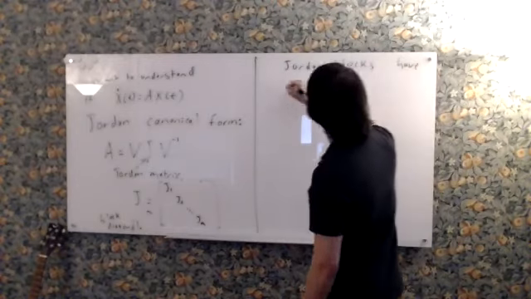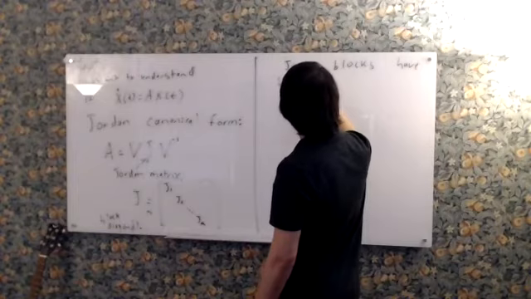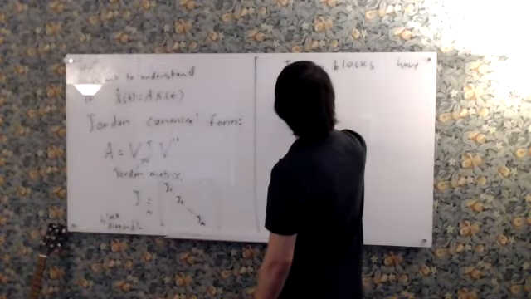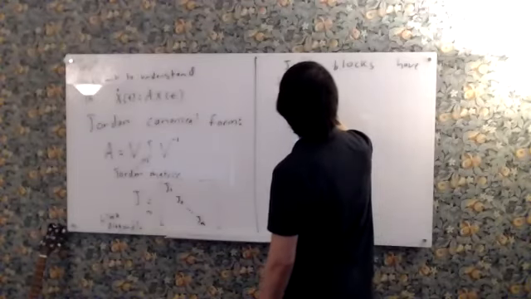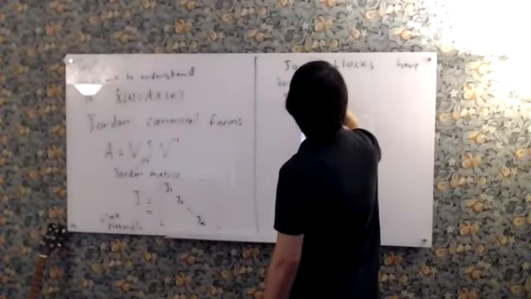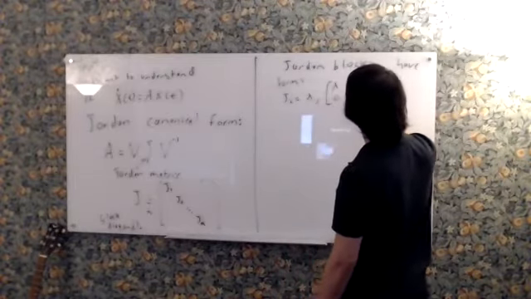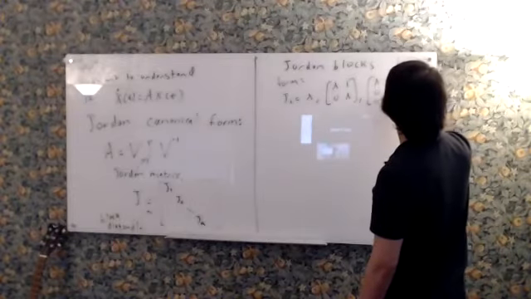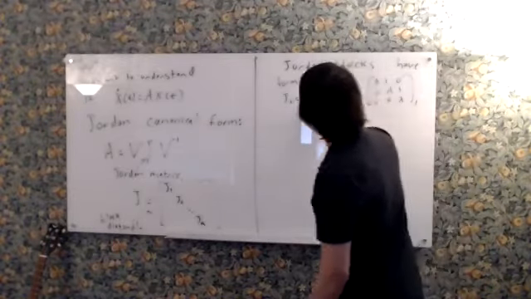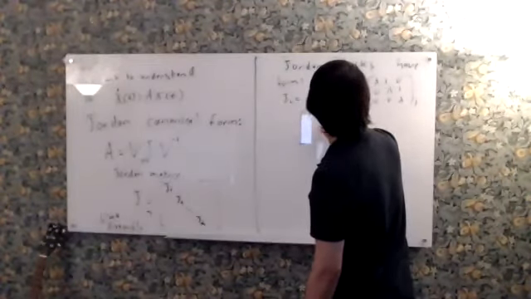There's only a few types of ways that these can look: lambda, 1, 0, 0, lambda, 1, 0, 0, lambda, and so on.